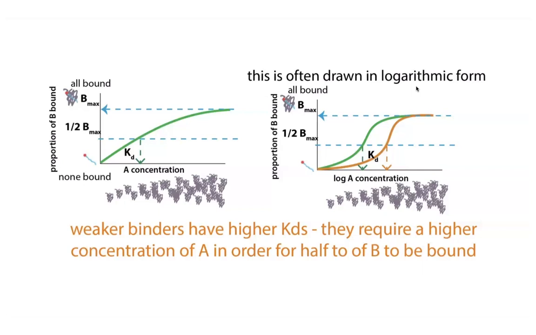Even if they bind and let go right away, there's going to be another antibody, another antigen, another ligand right next door to then go bind, even if transiently. So you'll need a higher concentration, but eventually you will reach that same half saturation point, half proportion bound point.